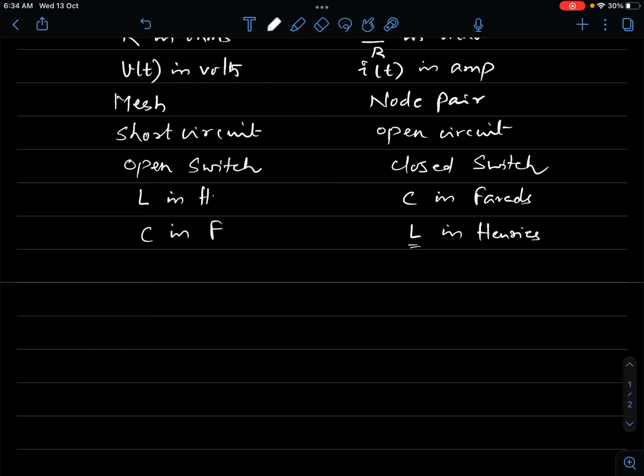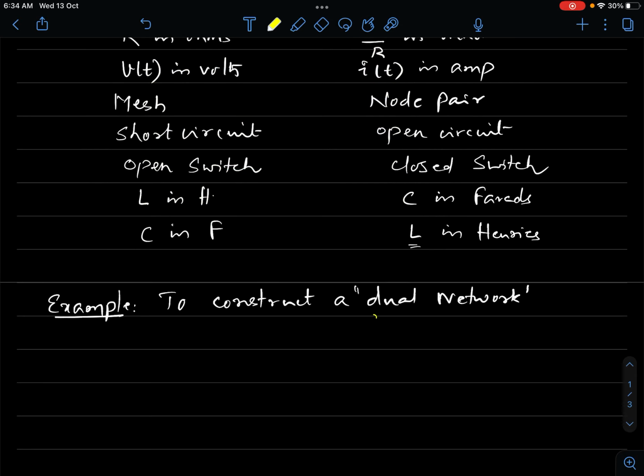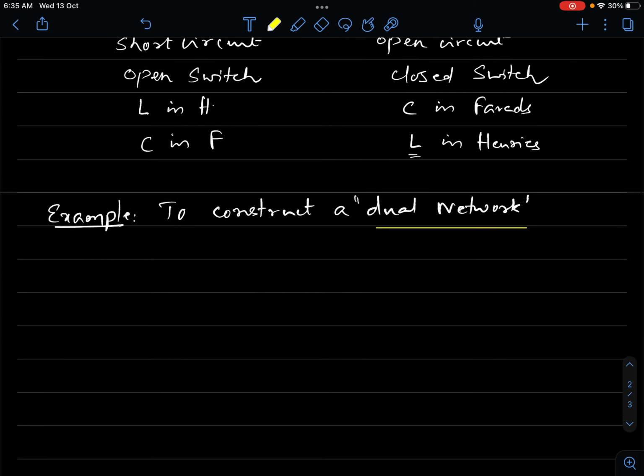To take up an example, what we are trying to do is construct a dual network of a given network. From a given network, how to construct its dual. That is the thing of interest to us. We will see how we can do that.